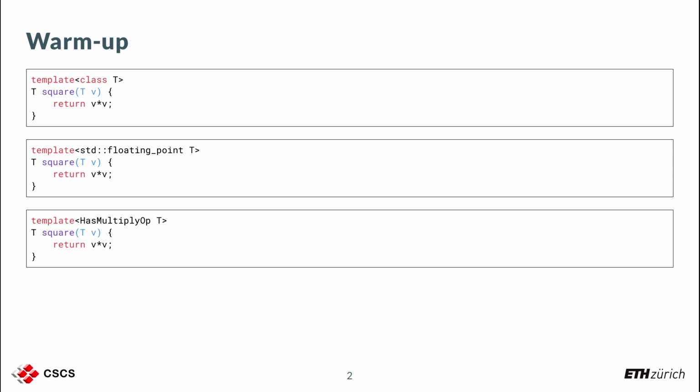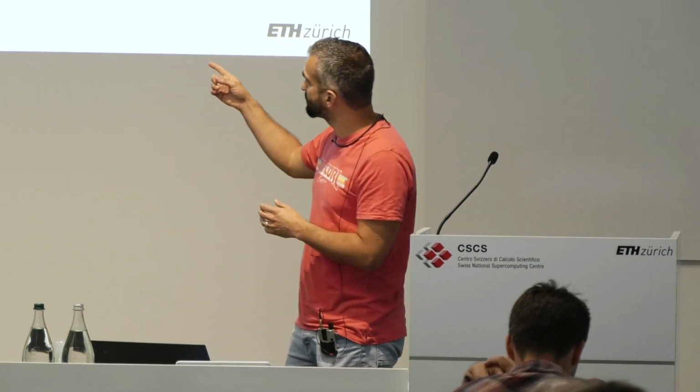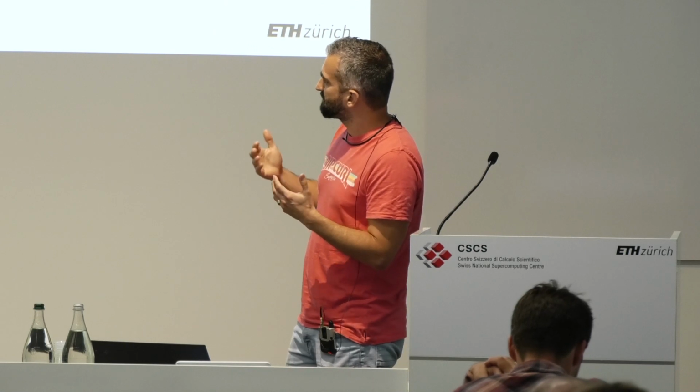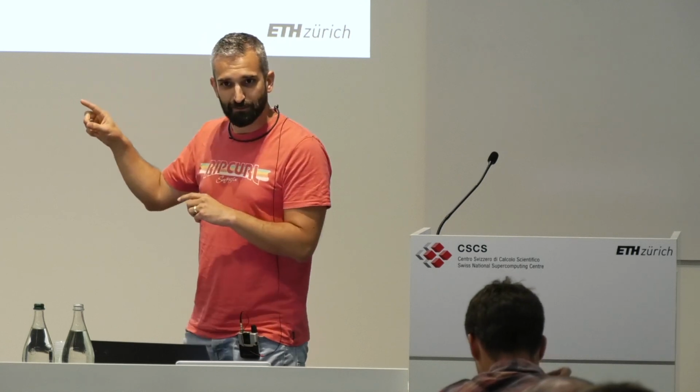But there are also semantic requirements on concepts. There's stuff that you cannot express in C++ concepts, but they are still there. For example, in the second case, it's very clear what I expect semantically from that concept in the case of multiplying: I expect that it does multiplication of floating point numbers. In the other case, has multiply operator, I only know it applies the multiplication operator on this type.